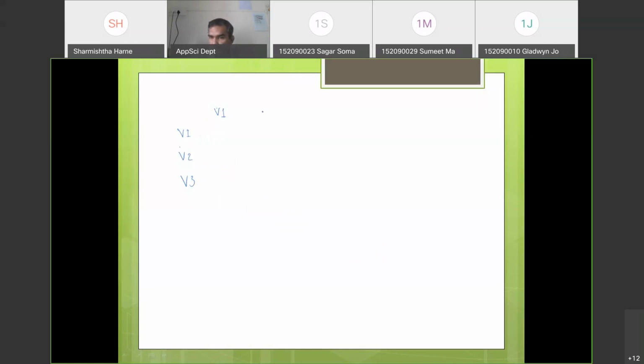We start with the correlation matrix. Let us put some values.